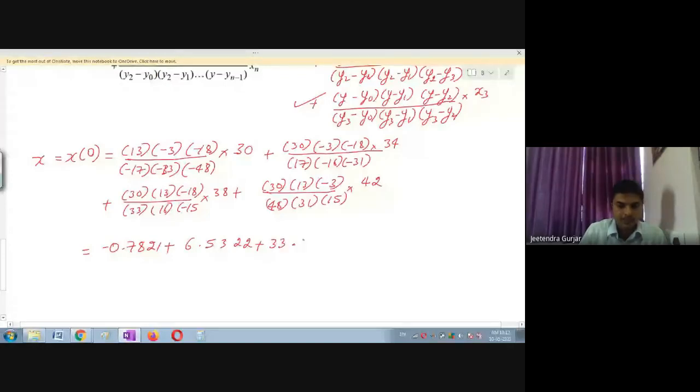Then you simplify the last part, that will be minus 2.2016. So please tell me what is the approximate root of f of x equal to 0. What is this, students? Please tell me what is the answer.